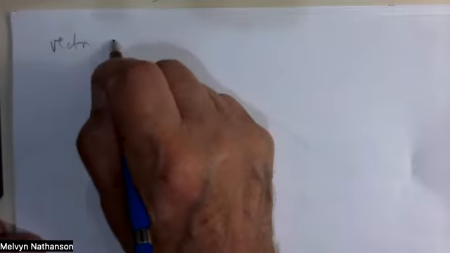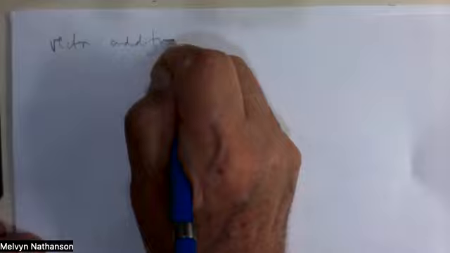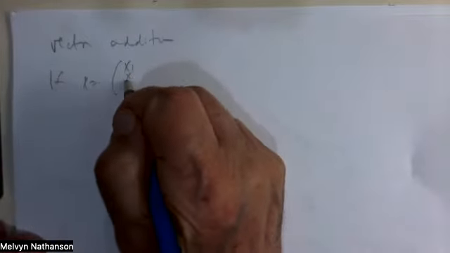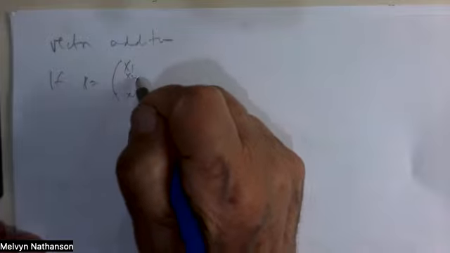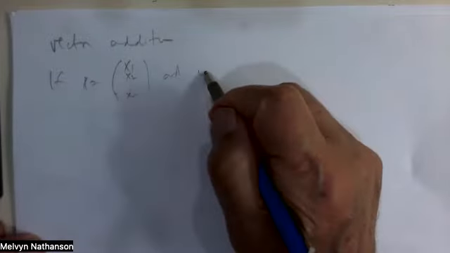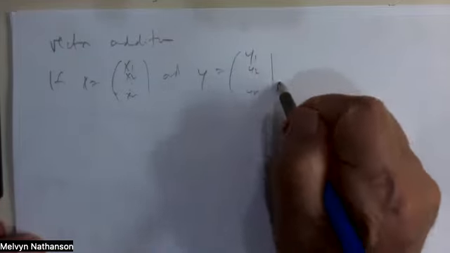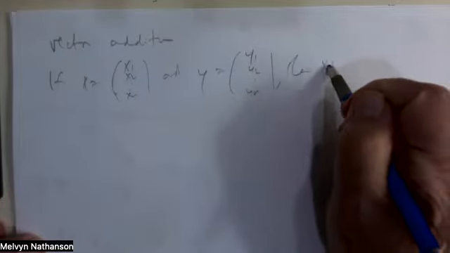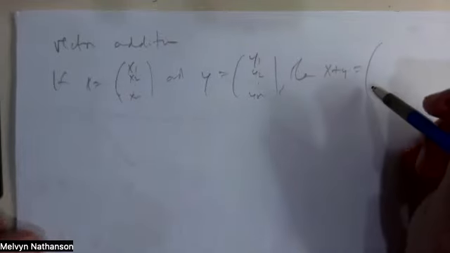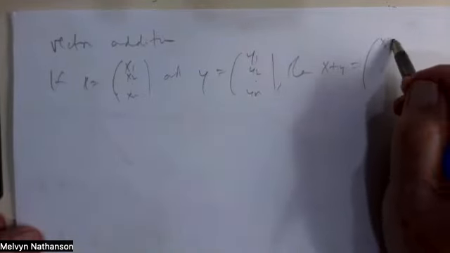And there is simple vector algebra. We have the operation of vector addition. If x is the vector x1, x2 down to xn, and y is the vector y1, y2 down to yn, then you get the vector x plus y just by adding coordinates.